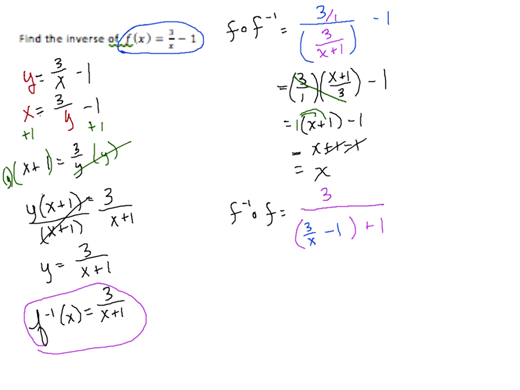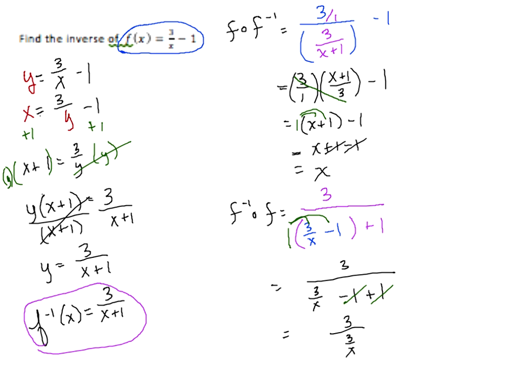There's an understood positive 1 that gets distributed. And I have 3 over 3 divided by x minus 1 plus 1. Well, negative 1 and positive 1 are opposites. So I am brought here, 3 over x.